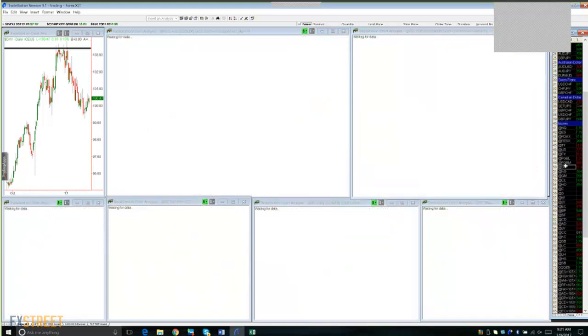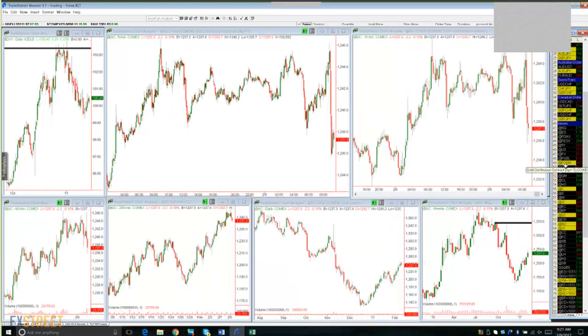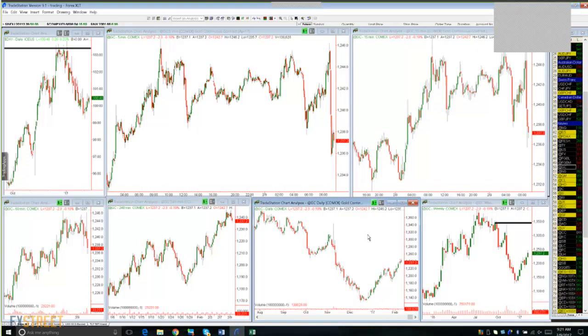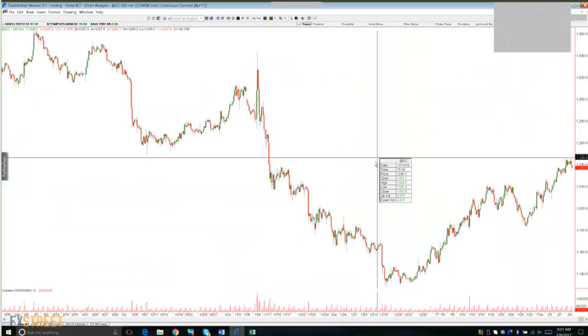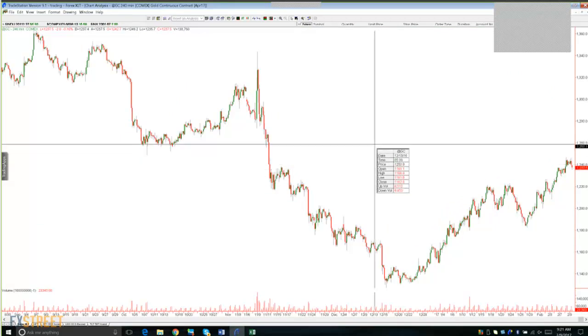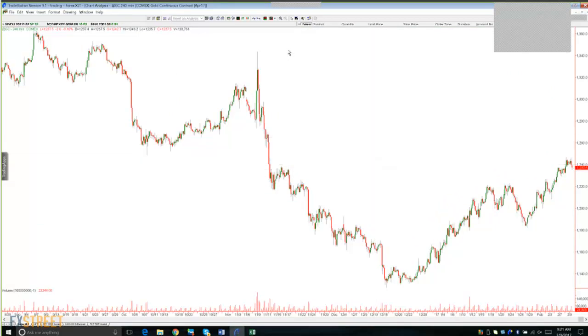There it is. So let's blow up this 4-hour chart. So gold is dropping here, but the level I wanted to point out to you is this one up here.